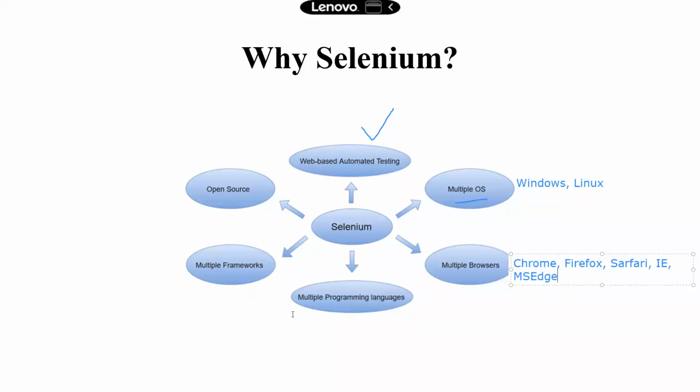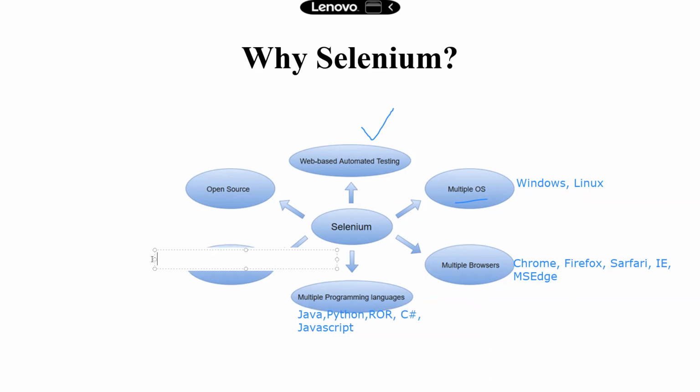Then it supports multiple programming languages, like Java, Python, Ruby, I would say ROR, Ruby on Rails, then C#, then JavaScript. So this is flexible towards languages as well. And then multiple frameworks.